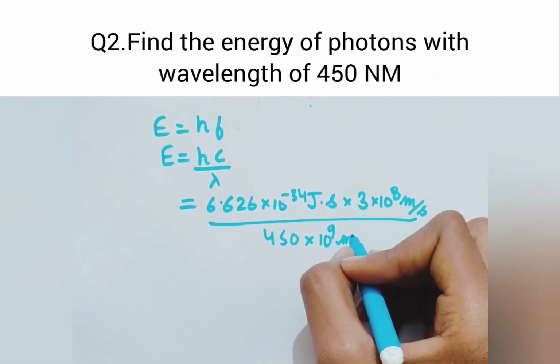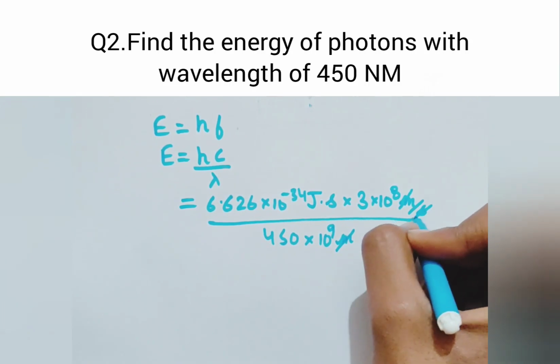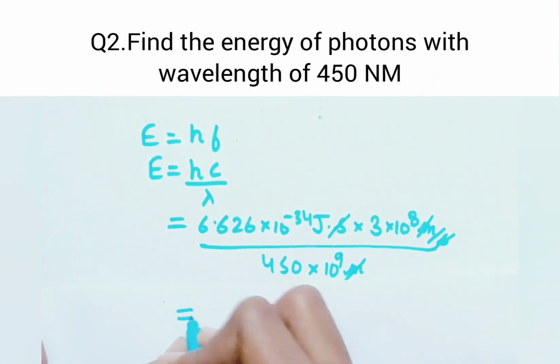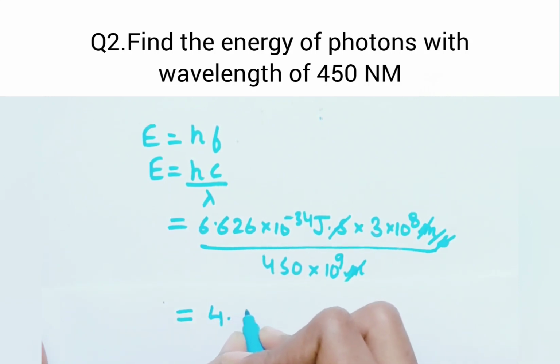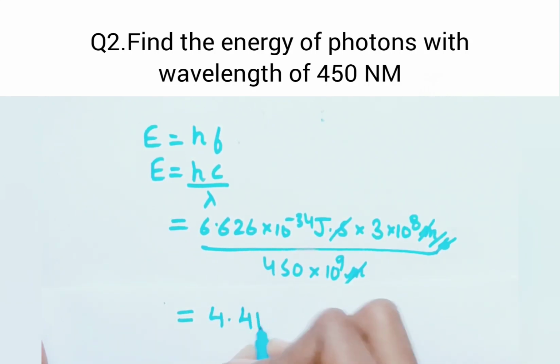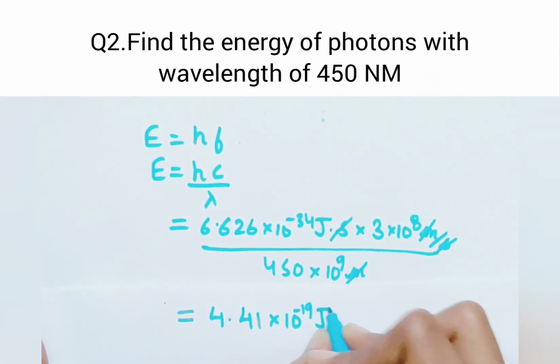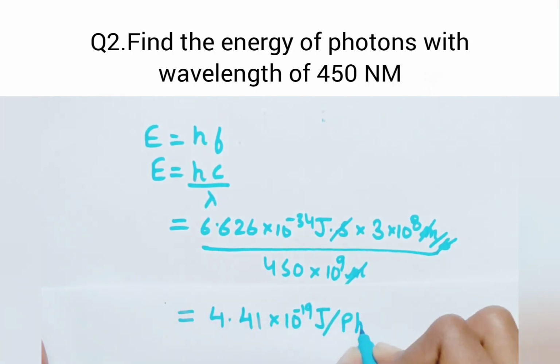Now we can cancel out meters with meters, seconds with seconds. The result that we get is 4.41 times 10 to the power of negative 19 joules per photon.